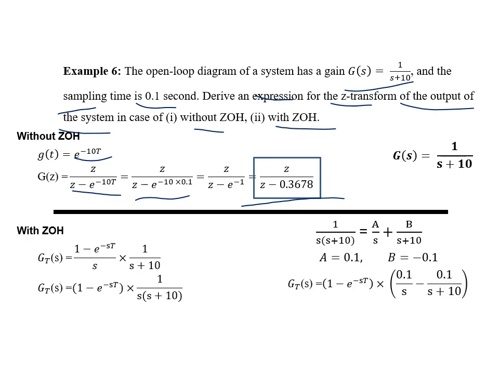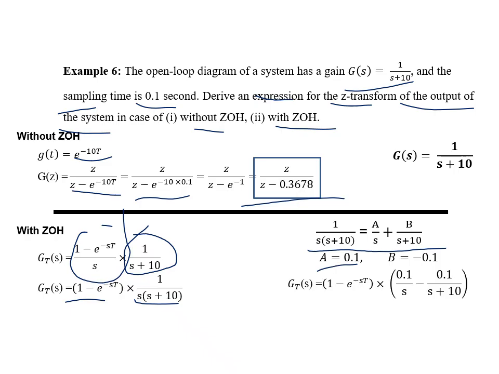Without zero order hold, we multiply the G of S by the transfer function of the zero order hold, which is 1 minus e power negative sT divided by S. We have 1 minus e power negative sT times 1 over S times S plus 10. We get the partial fractions, which are A over S plus B over S plus 10.